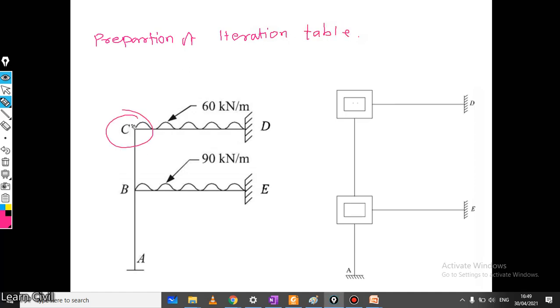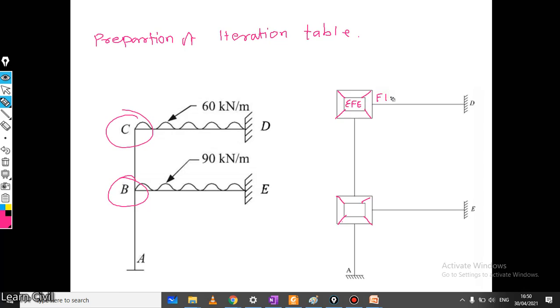At joint C, we will consider one large box, and inside that one small box. At joint B, we will consider another large box, and inside it one small box. In the small box we will write down the summation of fixed end moments of all the members meeting at joint C.